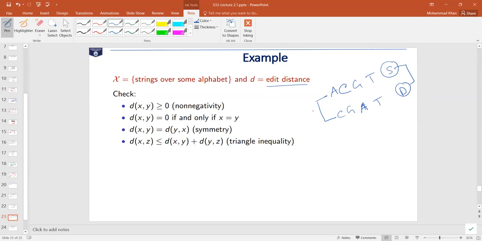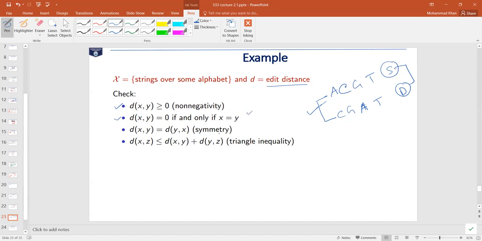Now this edit distance metric will provide just a number, like how many edits we need to get the destination string from the source string. Whatever we get, we know it is a non-negative number, so the first property is checked. The second property: the edit distance will be 0 only if the source and destination strings are the same.